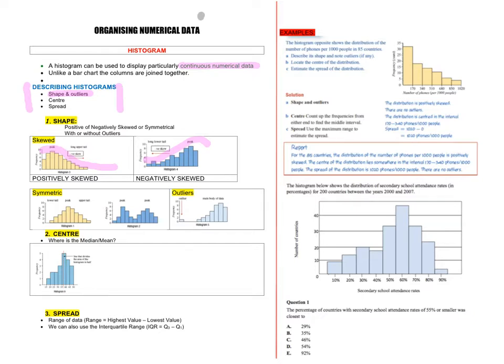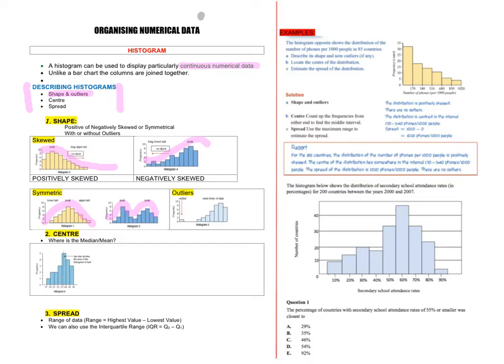If you have this perfect mirror image one, which we often call the bell shape, that's called symmetric. And sometimes we might say it's bimodal, meaning there are two dominant categories. Bi meaning two.